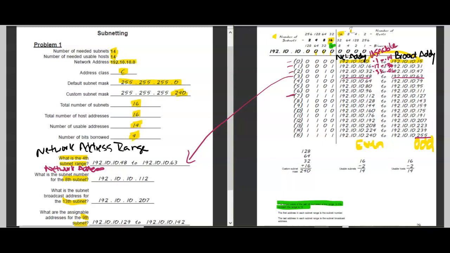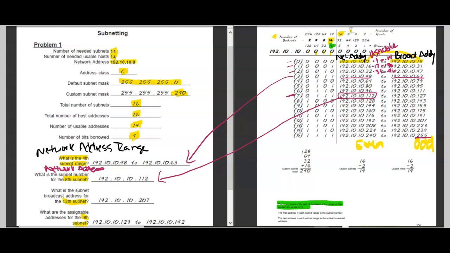Oh, I need 8. So it goes to 7. So the network address is the first address in your network range. First address in your network range is the network address. So 192.10.10.112.